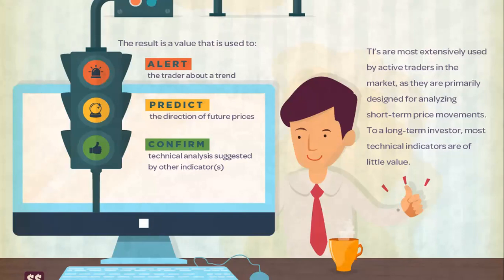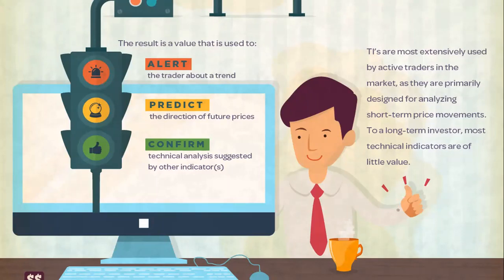So technical indicators: one, it gives alerts to traders. Two, technical indicators predict the direction of future prices. And three, they confirm technical analysis suggested by other indicators.